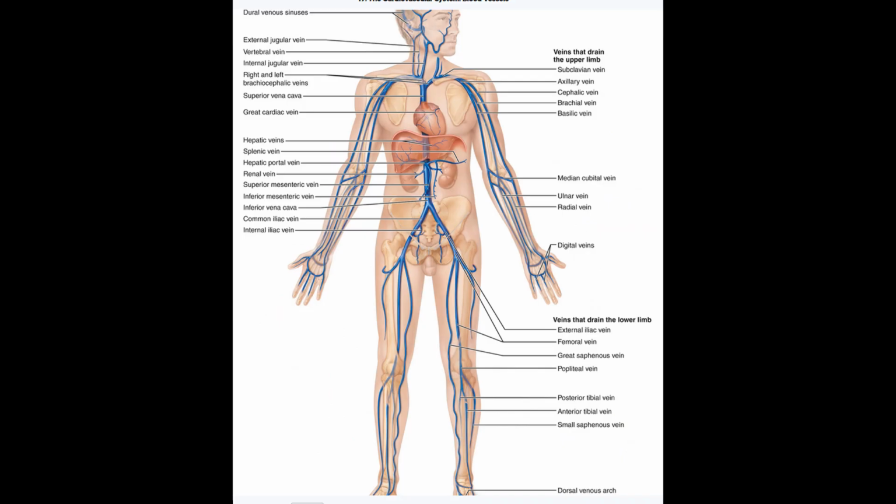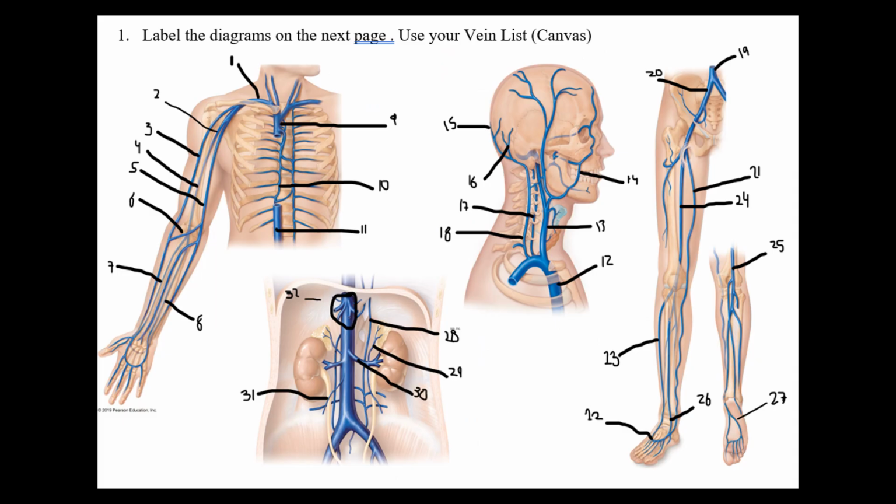Okay. So I have here a similar image from the artery list, except it's blue. And again, the names are pretty much the same with a few exceptions. You'll find out what those exceptions are when you start labeling these diagrams.